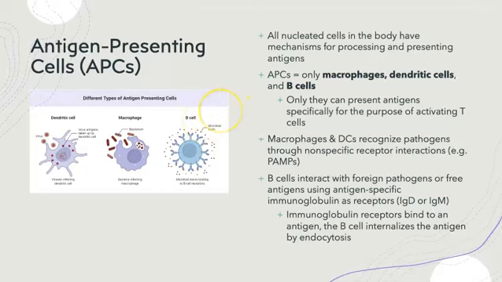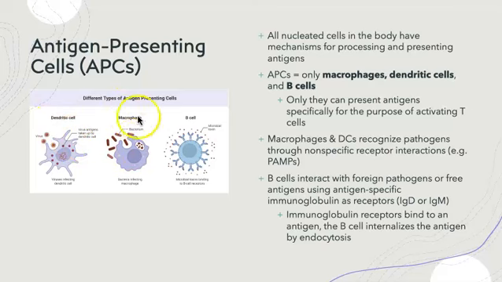Now, as a reminder, only our MHC class 1 molecules are in all of our nucleated cells. So even these APCs will have our class 1 MHC molecules, but it's these APC cells that are able to display the MHC class 2 molecules with an antigen in order to activate our T cells. Now there is a little bit of differentiation here.